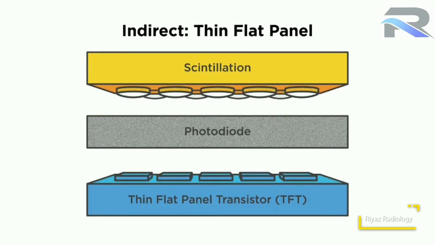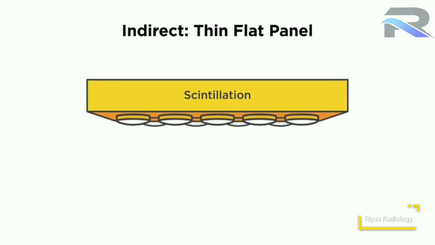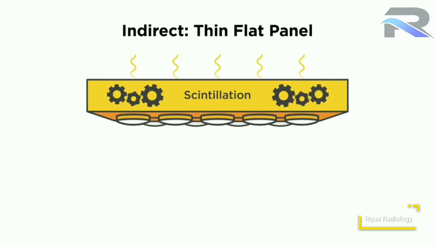The top scintillation layer or light layer is where the incoming incident X-ray photons are converted into light photons. A scintillation is nothing more than a burst of light, which is why this layer is called the scintillation layer. Each photon that strikes the scintillation layer creates a small burst of light energy.